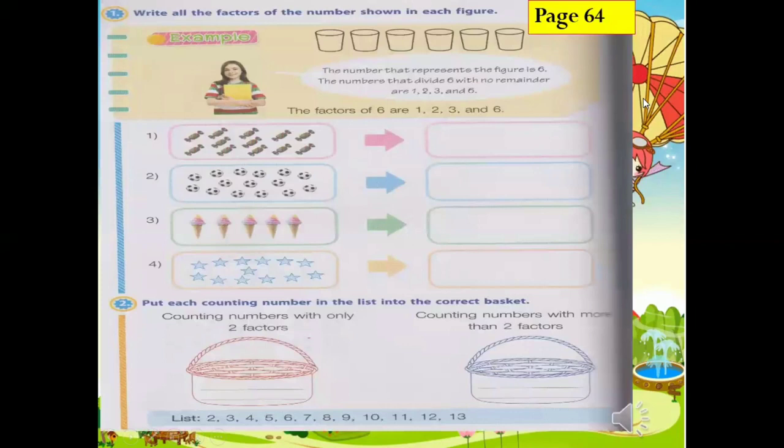Next, this is on page 64. Write all the factors of the number shown in each figure. For example, number 1. The whole number here is 12.